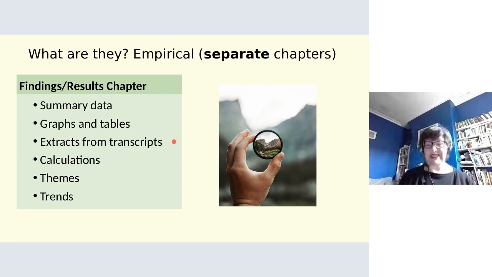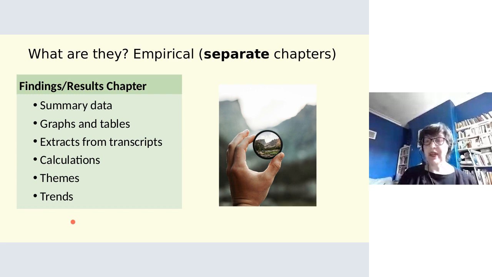You also need to think about what main themes are coming out of your findings. Are there trends? Are you finding, for example, that maybe a majority of people you asked a questionnaire of in a particular age group all seem to have the same point of view, a similar answer?